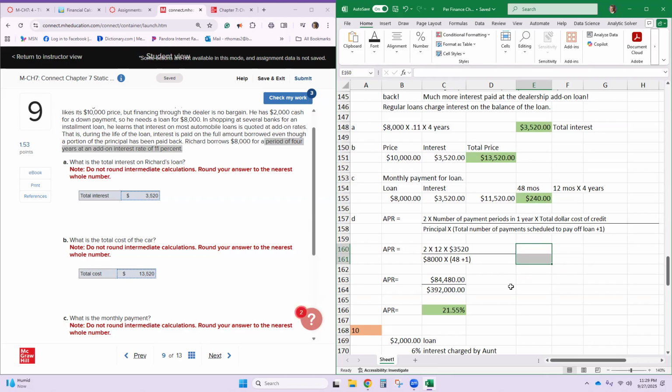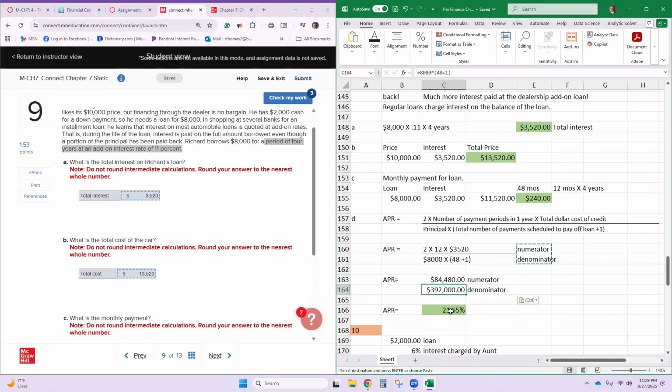Okay, and then look, it goes back. Copy those and bring them down. So then you have your numerator, 84,480, and your denominator of 392,000.